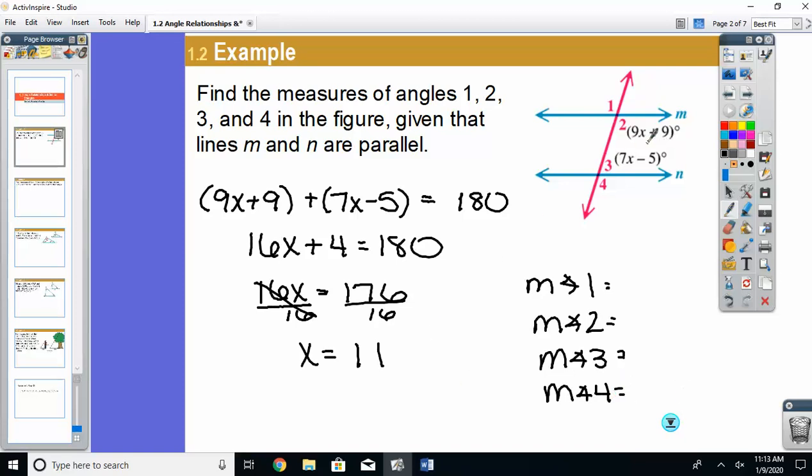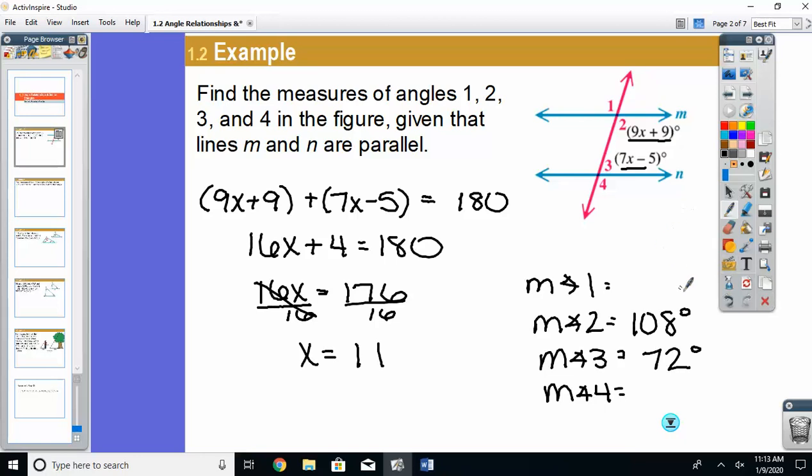If x is 11, then angle 2, if you plug 11 in there, what do we get? 108. Angle 3 was 7x minus 5, so if you plug in 11 there, you get? How do I find the measure of angle 1?